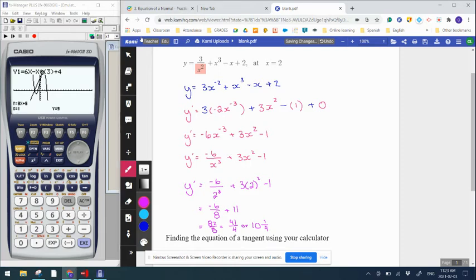So my gradient at the point x equals 2 is 41 over 4, or 10 and 1/4. Remember, keeping the gradient as an improper fraction is just fine, because it tells us we need to rise 41 for every 4 that we run.